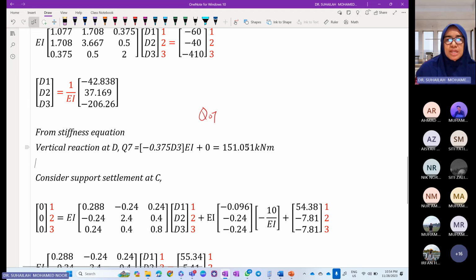We get positive. Okay, it is in kilonewton. What is the answer? 77.348.